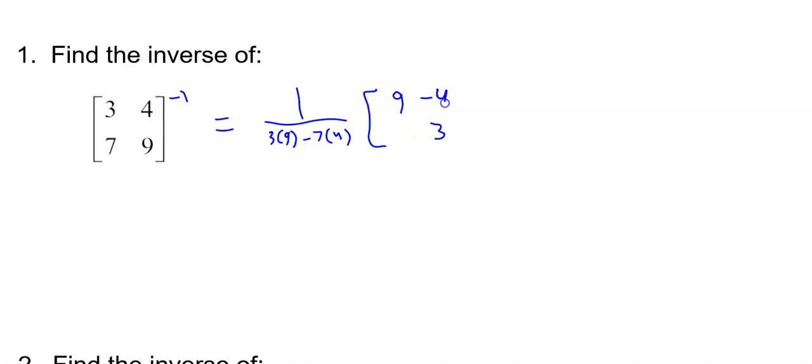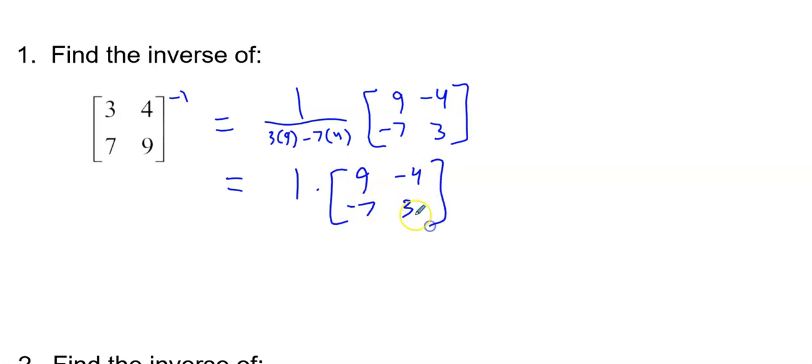I'm going to negate the 4 and negate the 7. I'm just changing the sign of those. So this would be 27 minus 28. Oh, that's just 1. So nice. So 1 times anything is just the answer: 9, negative 4, negative 7, and 3. And this is what the inverse will be.